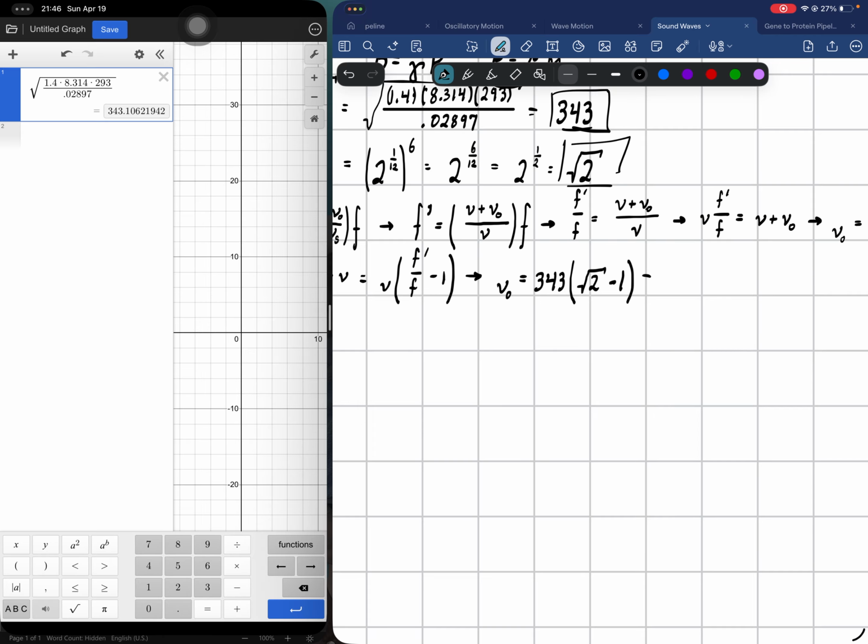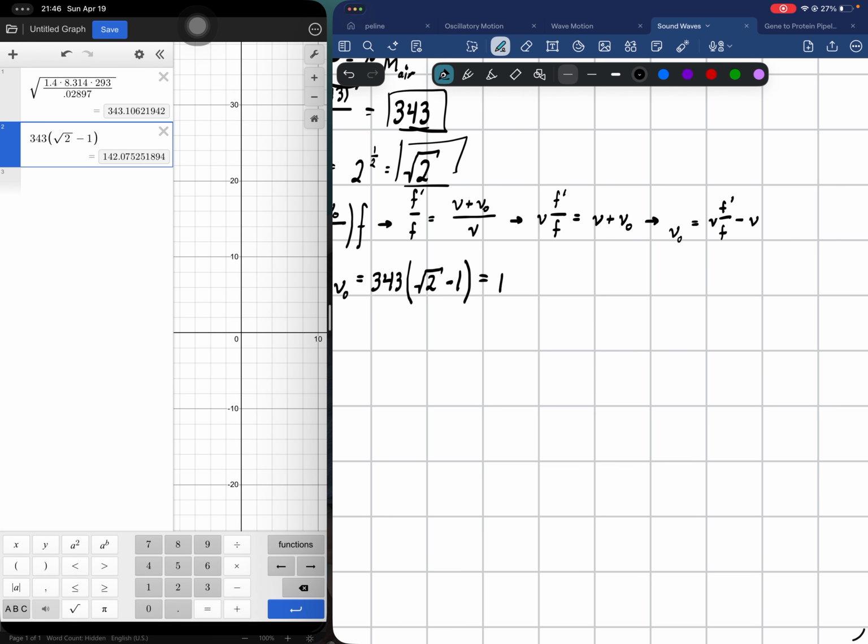So let's go ahead and calculate that. 343 meters per second multiplied by the square root of 2 minus 1. And we get 142 meters per second.